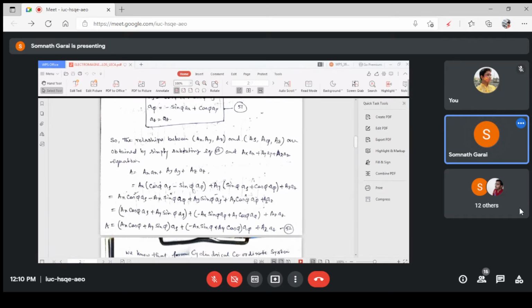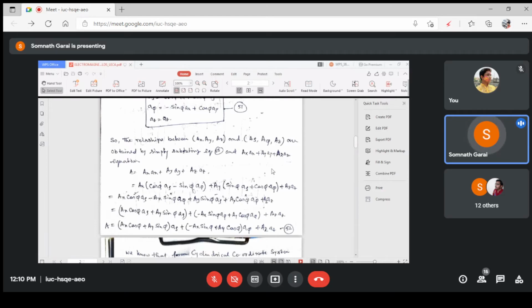Now if we write a point vector in Cartesian coordinate, we write it in this format: capital AX into small ax plus capital AY into small ay plus capital AZ into small az, right?